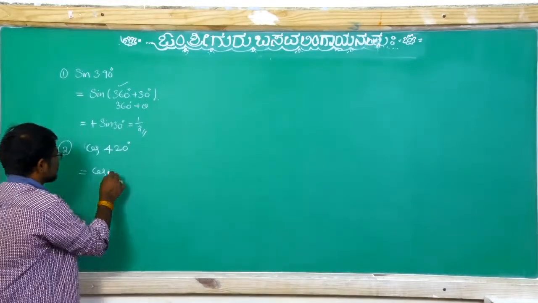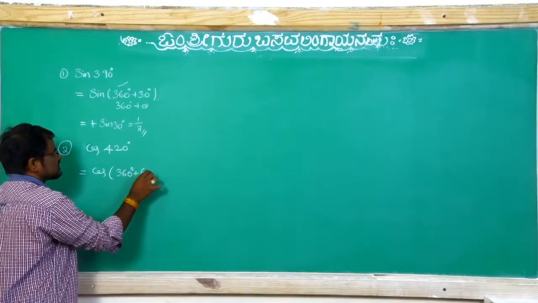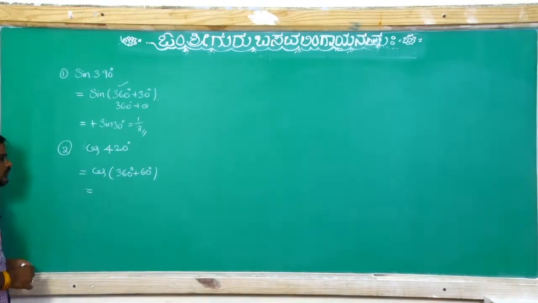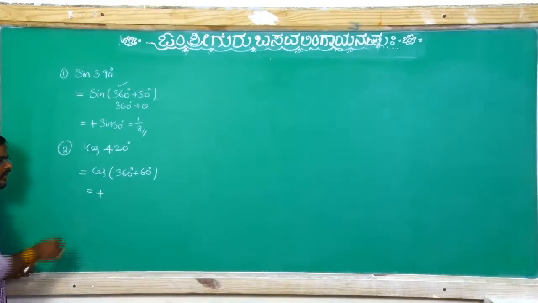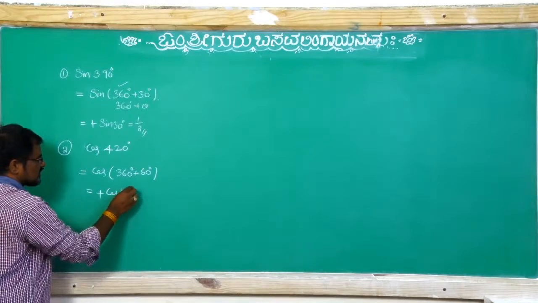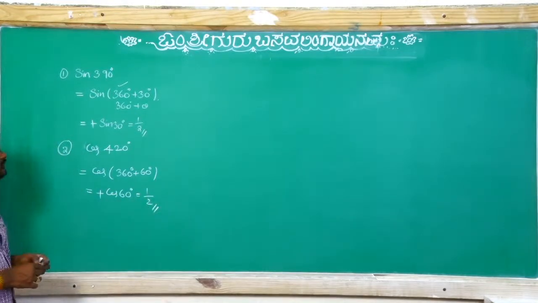So cos of 360 plus 60, 420, that is equal to, first quadrant cos is positive. At 360 cos does not change. So that is why cos 60, that is equal to 1 by 2.